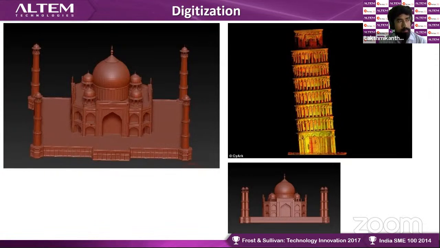And also we can make digital libraries where we can store the data models and make them available for people who are interested to learn more, whether it's about architecture or to understand historical events. And sometimes there might be writings or paintings on the walls, right? As our scanners are also capable of capturing color, even that can be analyzed digitally and made accessible to everyone who is interested.